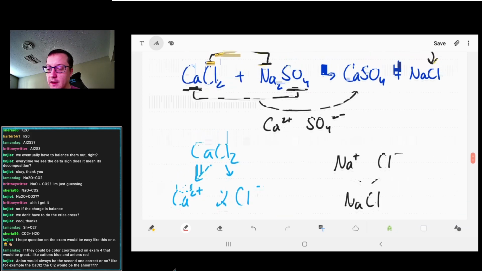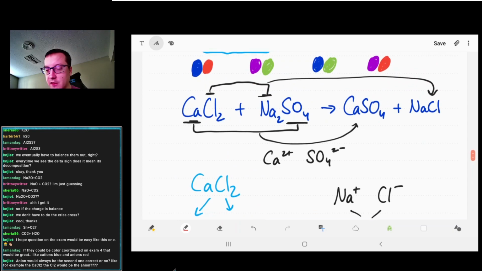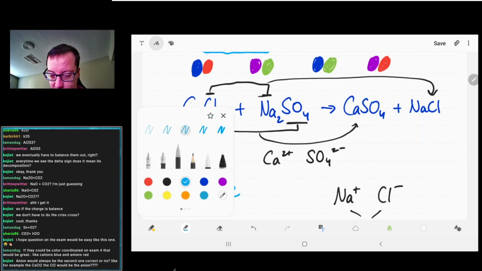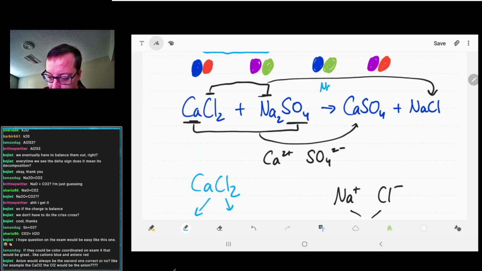So it's very important when you're predicting the products of this that you look at individual ions and you put them together. With this, we saw that we had Na plus from the sodium sulfate, we had Cl minus from the calcium chloride, and that's what's going to become our sodium chloride at the end.